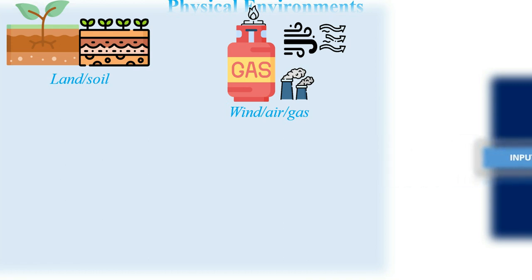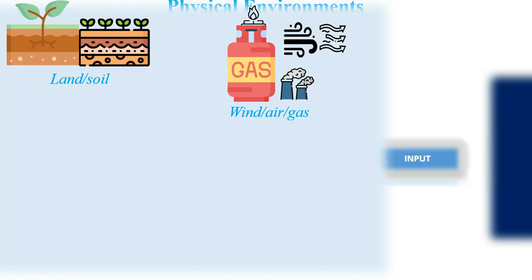Is it a greenhouse? What is it that you want to analyze about the wind, about the air, about the gas? So is it gas leakage at home, gas leakage at an industry, or at an industrial organization or institution? So all these are the parameters that you need to analyze when dealing with this physical environment.